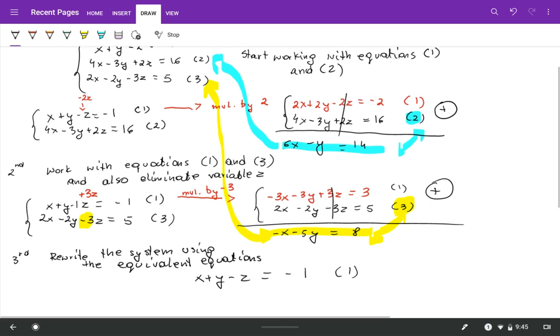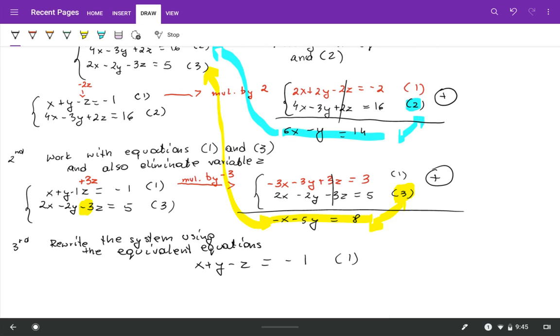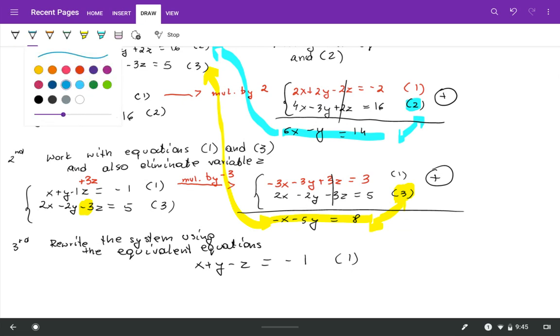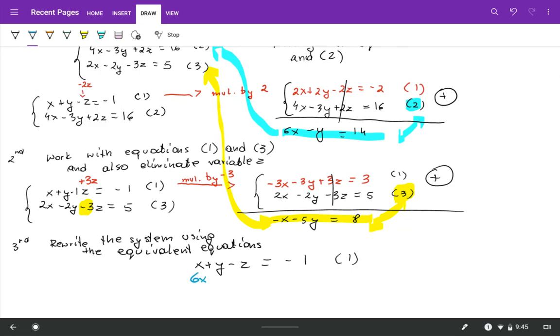Equation 2 will be the blue equation, which is 6x minus y equal 14. So that's the second equation. And equation 3 will be that yellow equation, which I'll mark in orange.